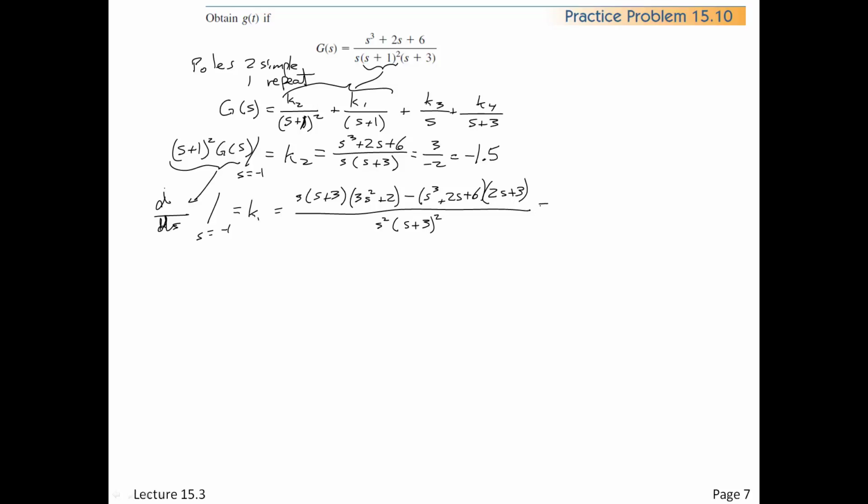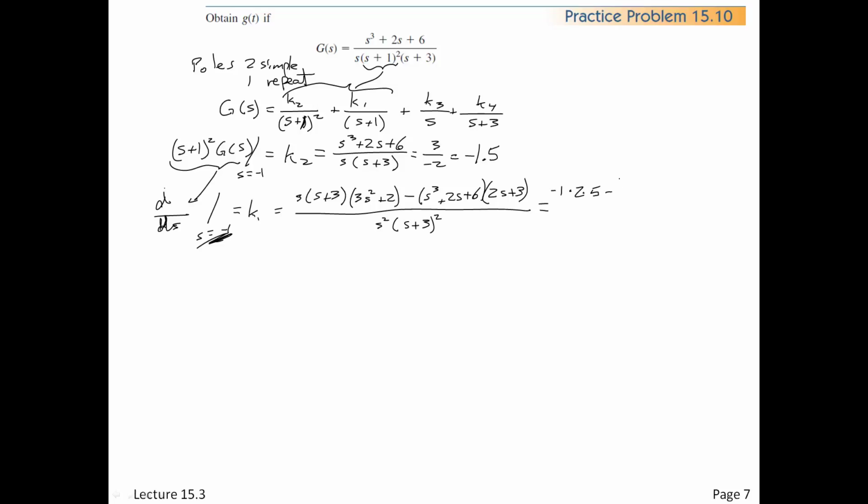Now the good thing here is we don't actually have to multiply all this out and combine terms. We only need to plug in s equals minus 1. So here we've got minus 1 times minus 1 plus 3, which is 2. Then 3s squared, so s squared is 1, times 3 plus 2 is 5.